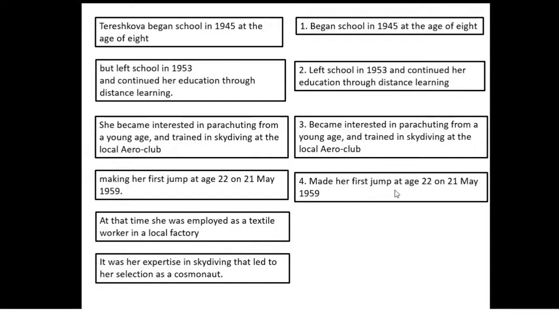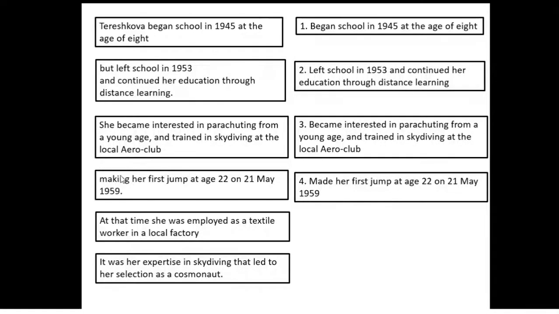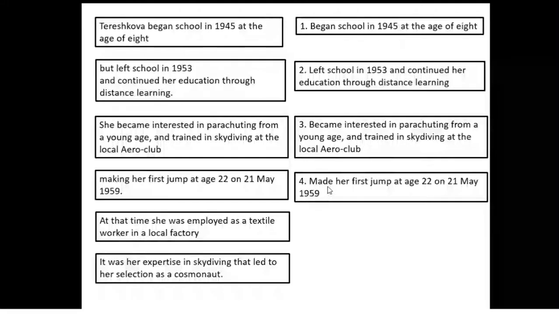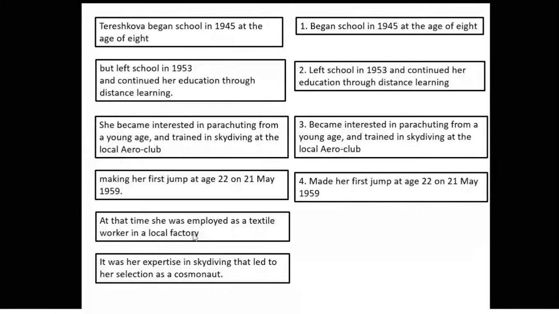Made her first jump at age 22 on 21 May 1959. So here the verb is in ing form, that is in present participle form, and you should change this into past form of verb. So the point is, made her first jump at age 22 on 21 May 1959.